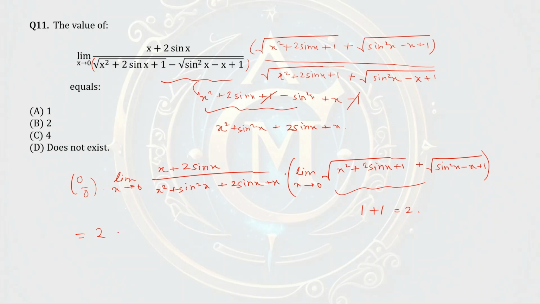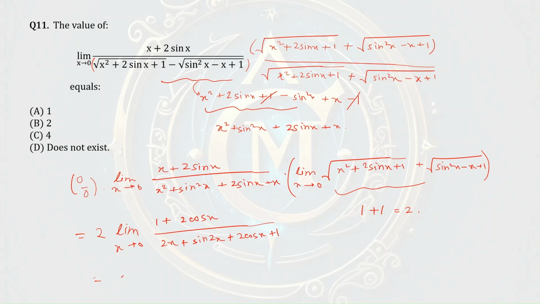It becomes limit x tending to 0, 1 plus 2 cos x divided by 2x plus sine 2x. Derivative of sine square x becomes sine 2x, plus 2 cos x plus 1, and here is a 2 outside.